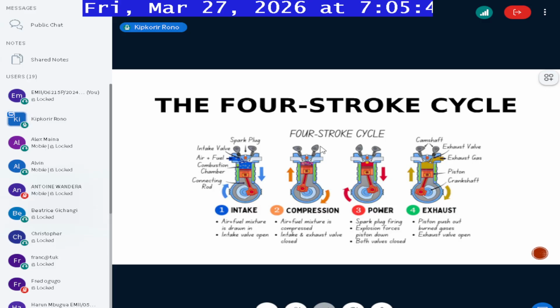Now this cycle is the most important because it happens without any assistance. So here the piston will move downwards without any assistance whatsoever. It does not need any assistance to move down. But in intake and compression, for the piston to move up, it needs some extra assistance. And that extra assistance is normally provided by what you call the flywheel.